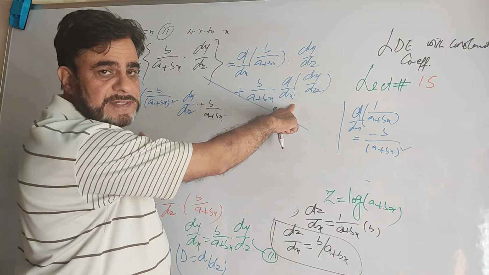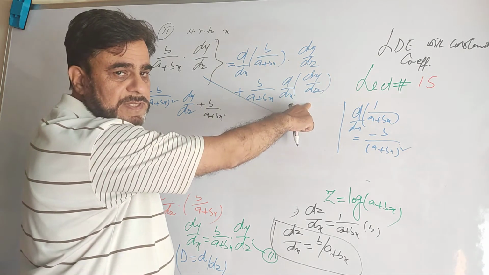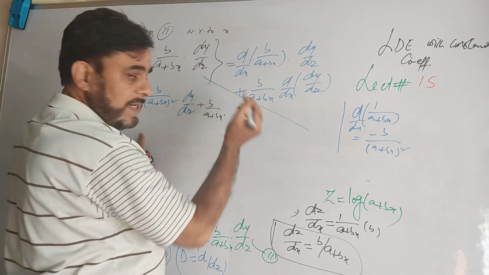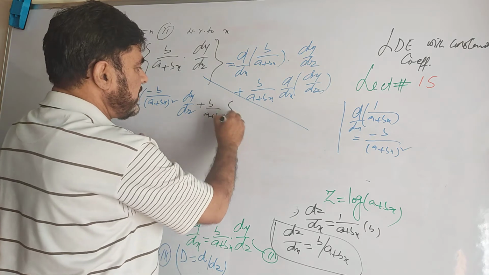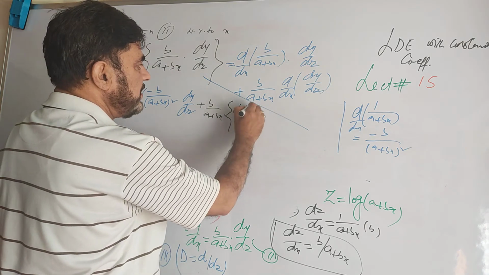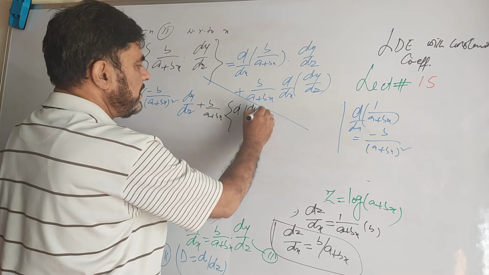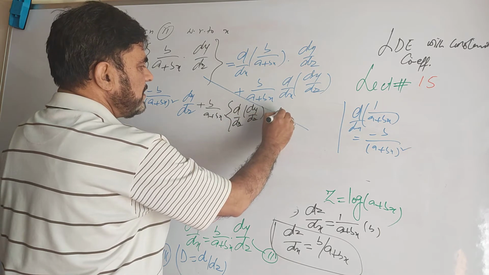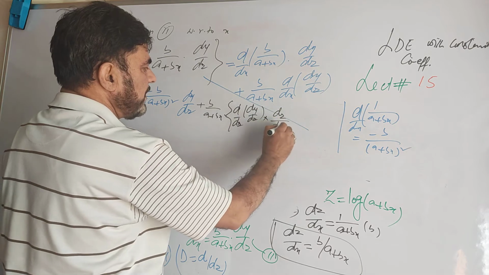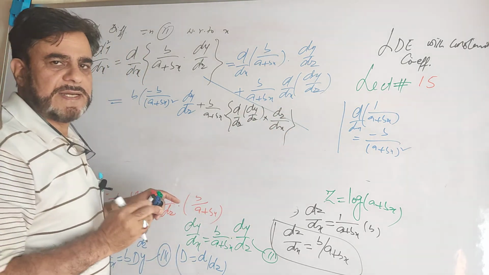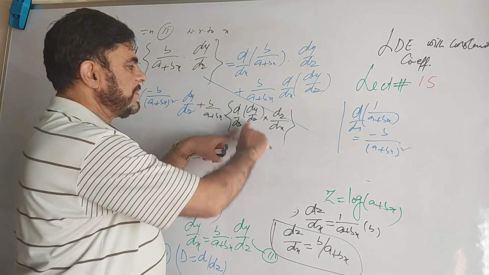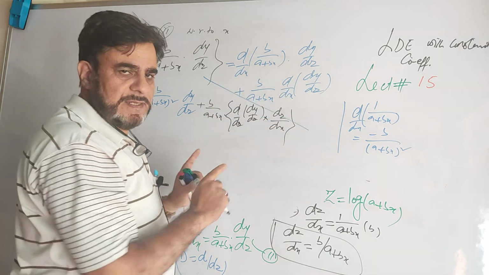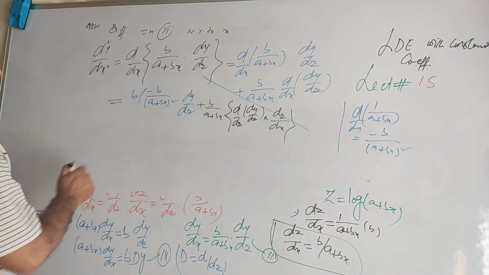How do I differentiate this? The independent variable here is z, here it is x, so I can use chain rule. How? I will write derivative of dy by dz with respect to z, I need with respect to z, then dz by dx. The way to remember is this: you say this goes and then comes again, with respect to x. So we have used here chain rule.